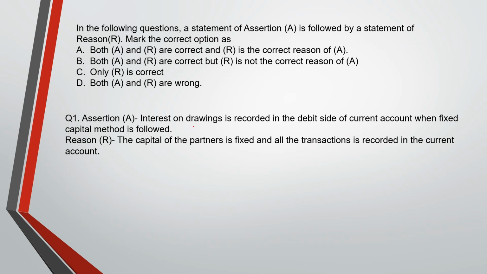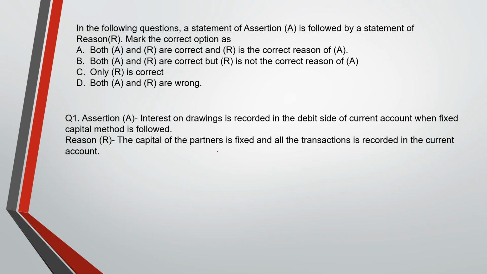So here the assertion that interest on drawing is recorded in the debit side of current account is correct. It will go into the debit side of current account when fixed capital is followed. So assertion is correct. Therefore, it must be between A and B. Now let us look at the reason. The reason is the capital of the partner is fixed and all the transactions are recorded in current account.